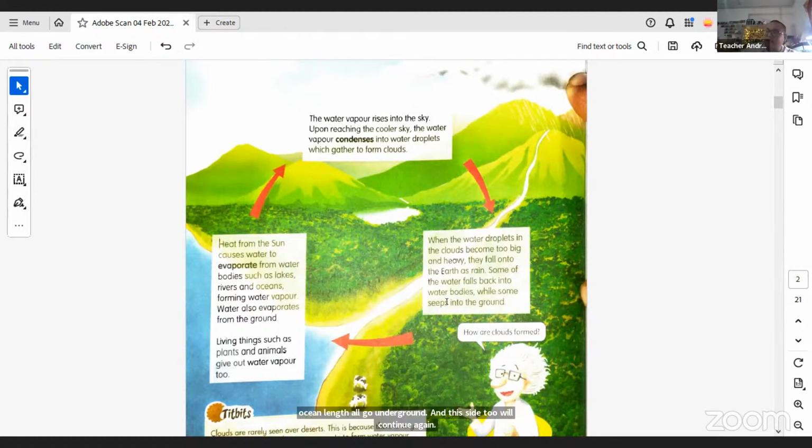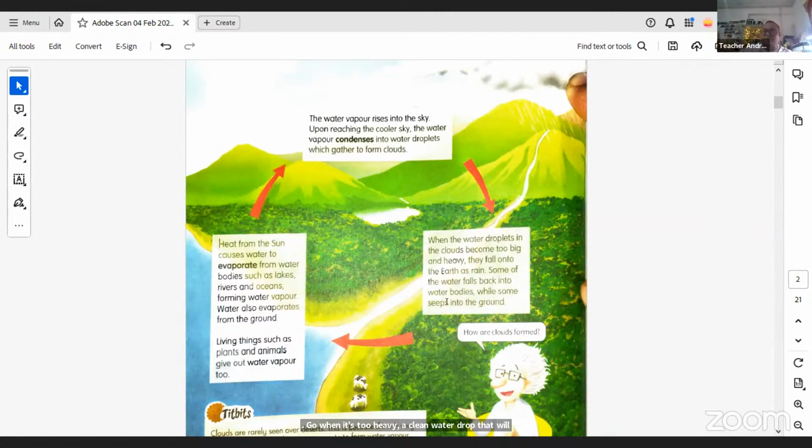This process also helps to remove dirt and chemicals from the original water. Imagine you have a pool of dirty water. As the dirty water evaporates up to the sky, you will find that only clean water droplets are in the sky. When they are too heavy, the clean water droplets fall back to the ground, giving you clean water.